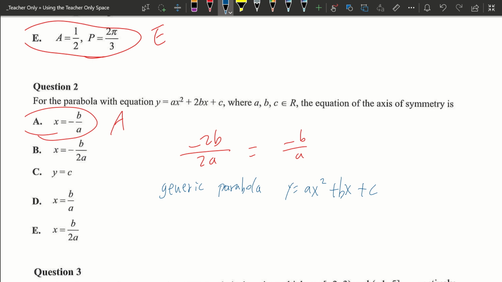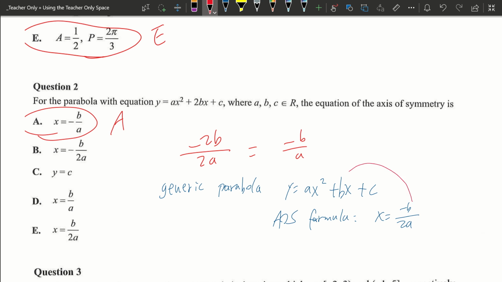There's an axis of symmetry formula, which is x equals to negative b over 2a. But all this means is b represents not really b.